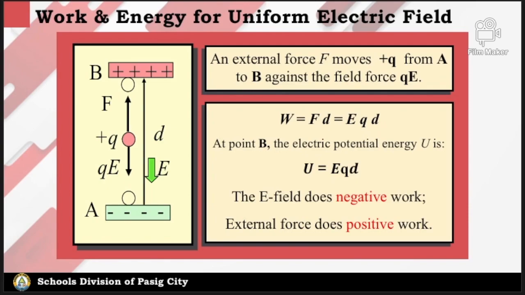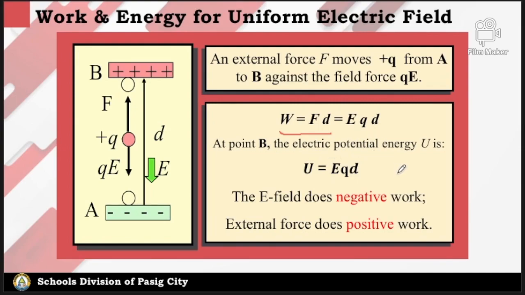Work is required to push a charged particle against the electric field of a charged body. An external force F moves the positive charge from point A to point B against the electric field force QE. If work is equivalent to force times distance, we substitute the equation of force, which is equal to electric field multiplied by the charge.